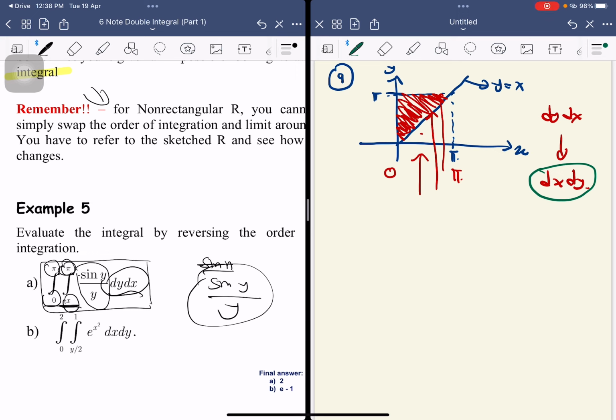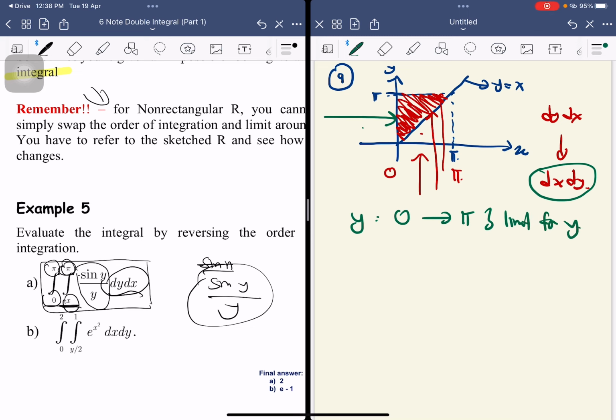If we use a horizontal strip, the limit for y should be a constant, so the strip should come in this way. From this region, y is between 0 and pi. So this is the limit for y.